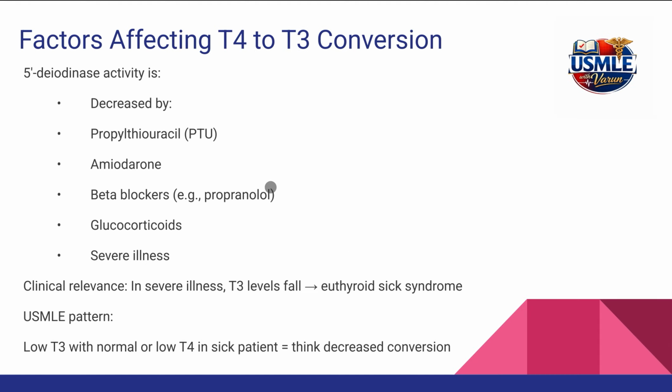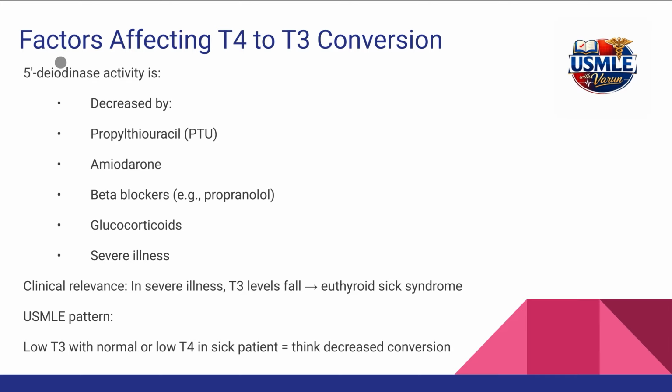Factors affecting conversion: drugs like propylthiouracil, propranolol, and amiodarone, and severe illnesses reduce T4 to T3 conversion. This explains the euthyroid sick syndrome. 5'-deiodinase activity is decreased by drugs like propylthiouracil, amiodarone, beta blockers like propranolol, glucocorticoids, and in cases of severe illness.